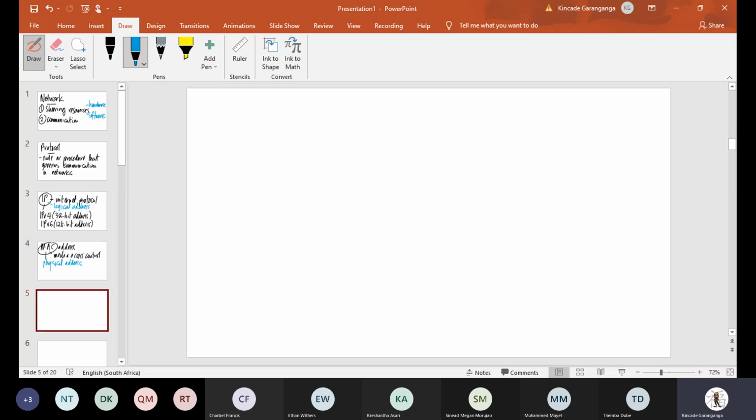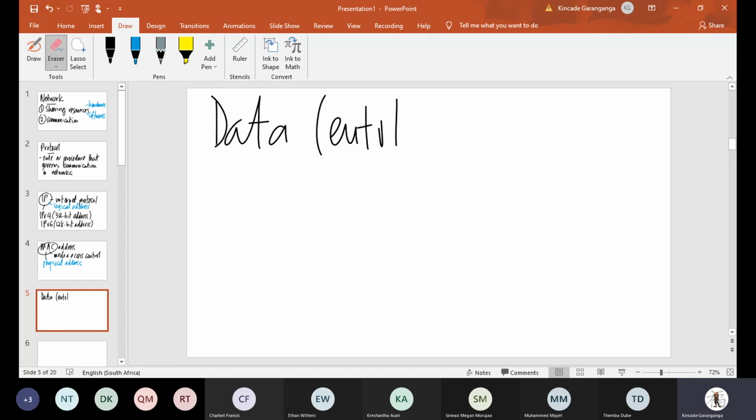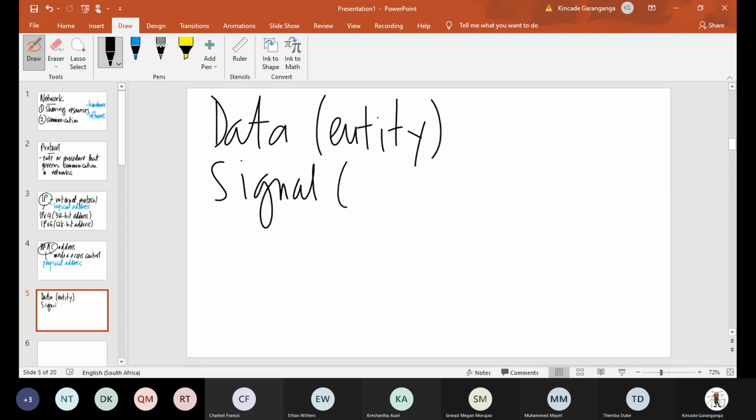So if you want to look at it from a basic perspective, your data is the actual entity, all right? So here, let's mention entity. And then your signal, let's mention means, right? So in essence, what it means is the data has to be converted into a signal for transmission first, right?